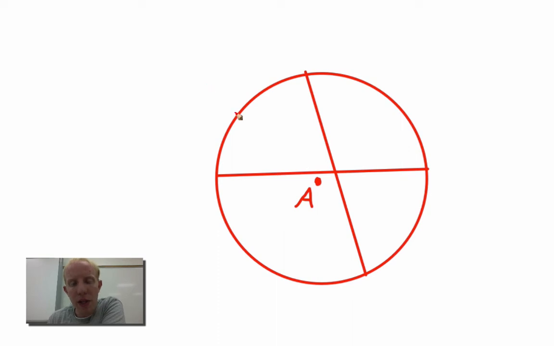All right, let's say we're looking at this circle. It has an interior angle that's not at the center. It's not a central angle. We know that the arc it makes on this side is equal to 86 degrees, and the arc it makes on this side is equal to 74 degrees. We want to find how much this angle is on this side. So this angle right here is just going to be the average of this arc and that arc.